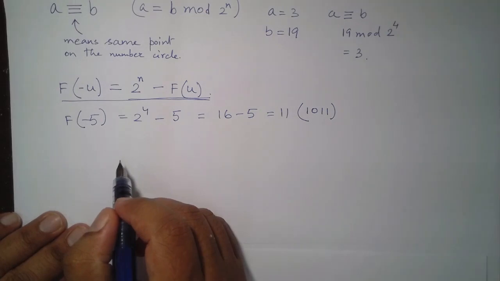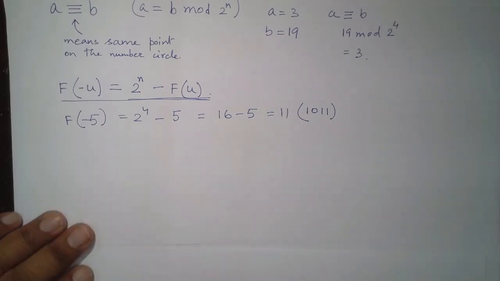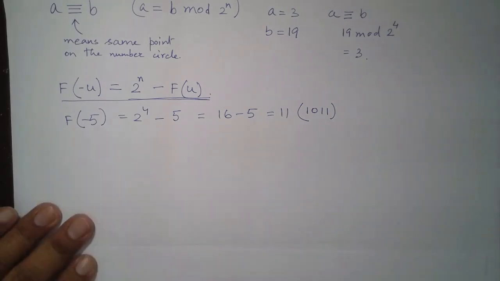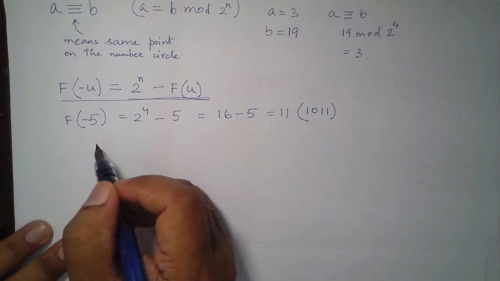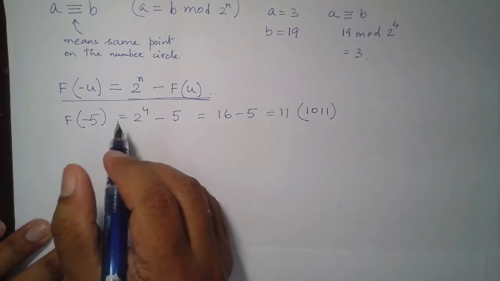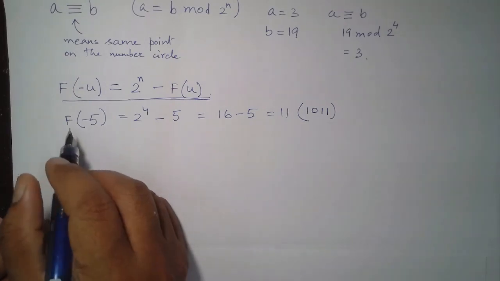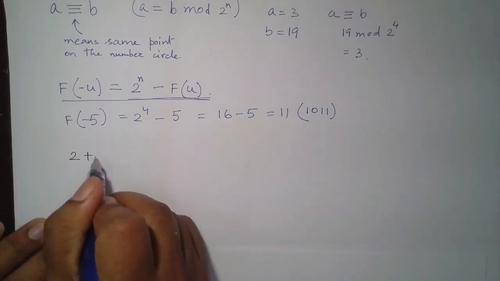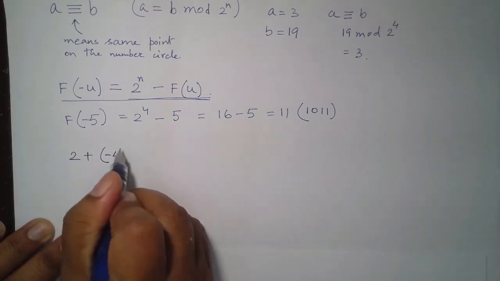So now let's look at how simple arithmetic operations can be performed using the 2's complement notation. Let's say I want to add two numbers: 2 and -4.